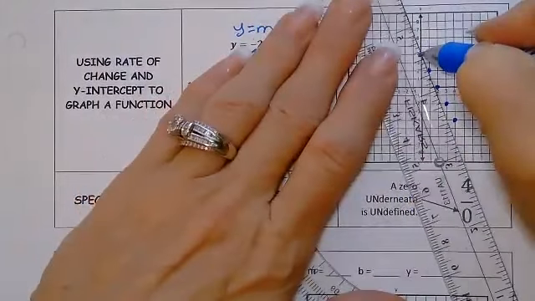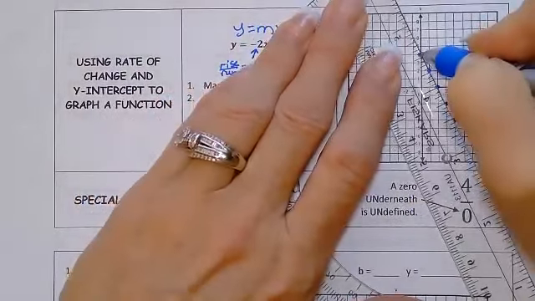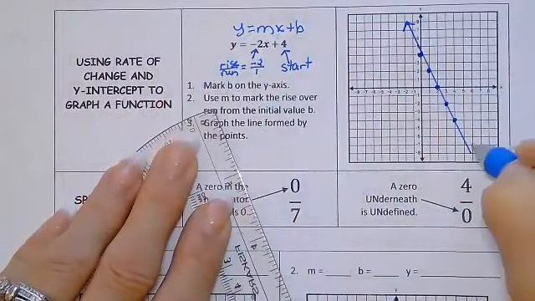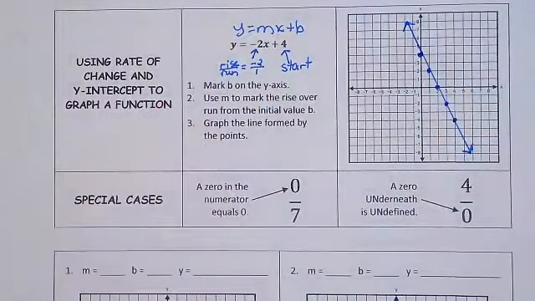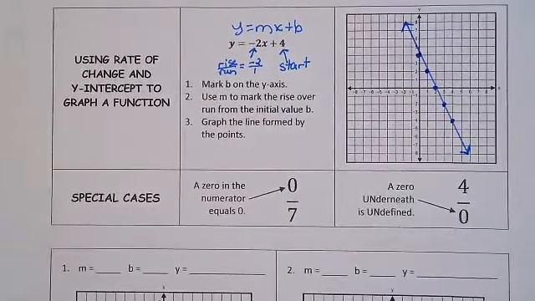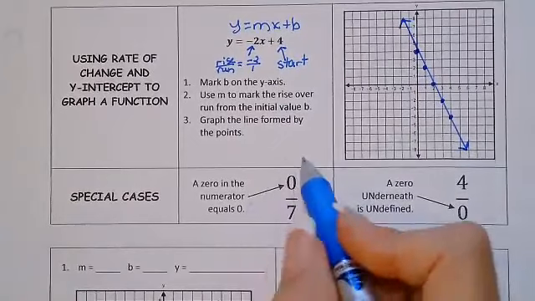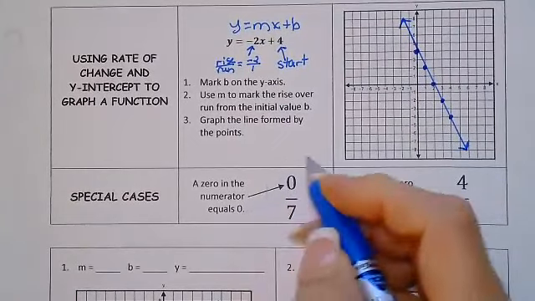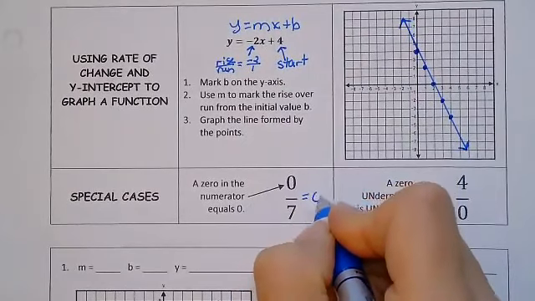Okay, graph the line. Don't be afraid to go all the way across that graph, or all the way across the coordinate plane. All right, so now we have special cases. If 0 is in the numerator, then that means that it equals 0.